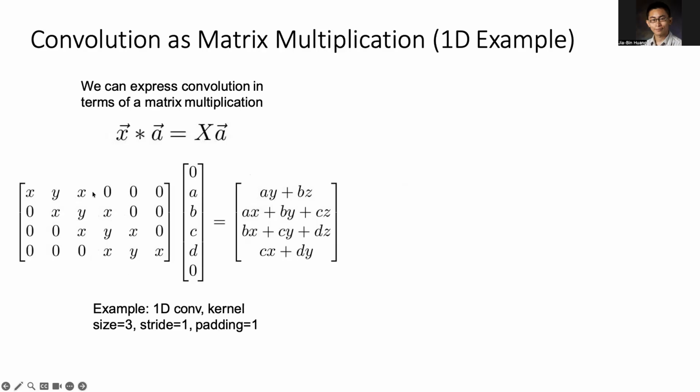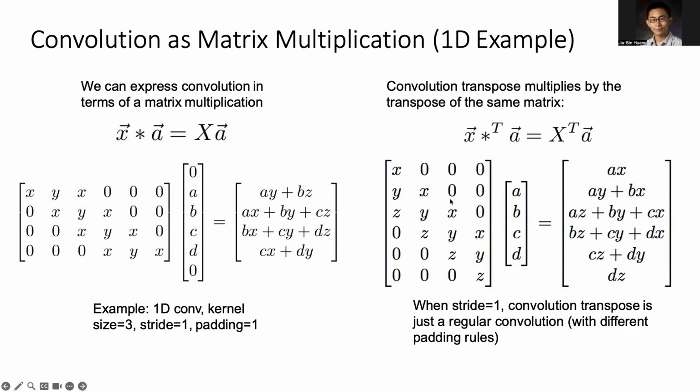The filter is just X, Y, Z. The transpose convolution comes with that name because it is literally the transpose of this matrix. So if now I have A, B, C, D as input, it's shorter, and you can increase the resolution by using this matrix.